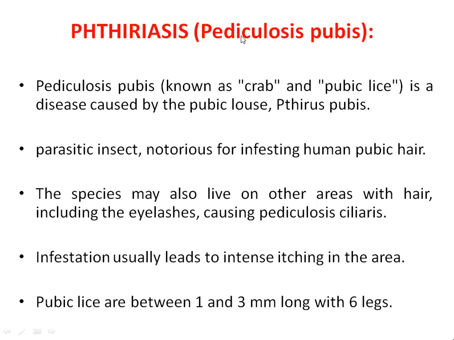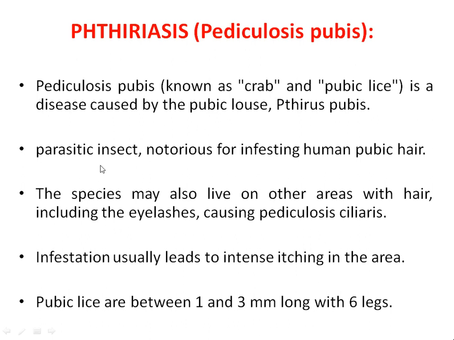The disease here is pediculosis pubis, otherwise called Phthiriasis, caused by the vector, the pubic lice, or Phthiriasis pubis. Common name is pubic lice and the scientific name is Phthiriasis pubis, and it is also called crab louse.